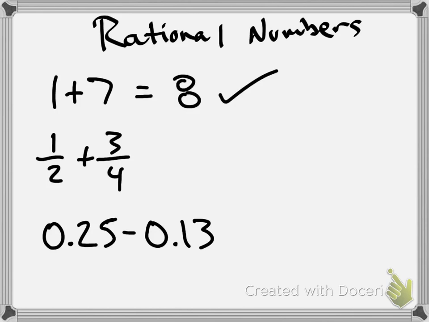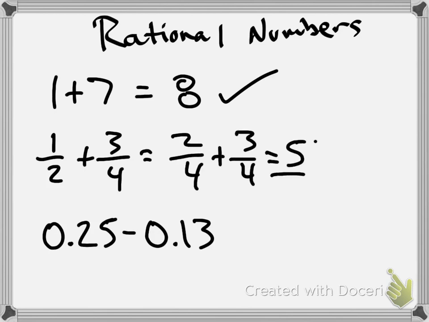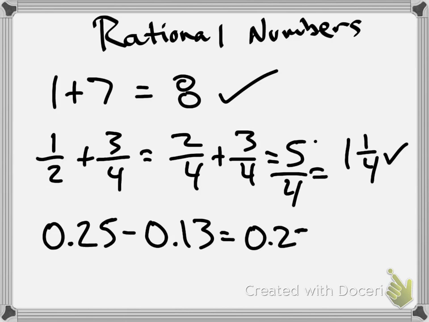We should know that 1 plus 7 is equal to 8. 1/2 plus 3/4, well, I may need to do a little bit of work to convert to common denominators, but that should simplify down to 1 and 1/4. And 0.25 minus 0.13, well, we can just line up our decimals and do some subtraction. None of this is new. You should already know how to do all of those things.